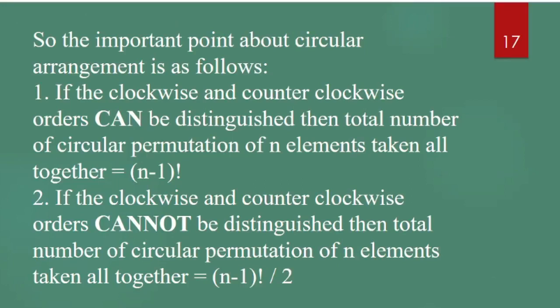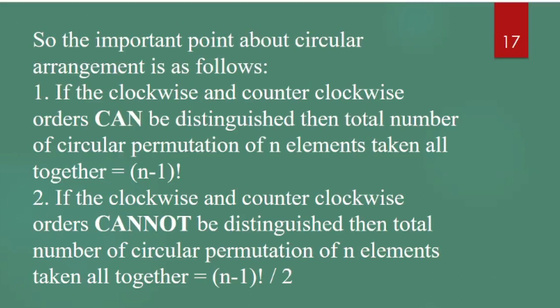But in number 2, if the clockwise and counterclockwise orders cannot be distinguished, then the total number of circular permutations of n elements taken altogether equals (n minus 1) factorial divided by 2. Okay?